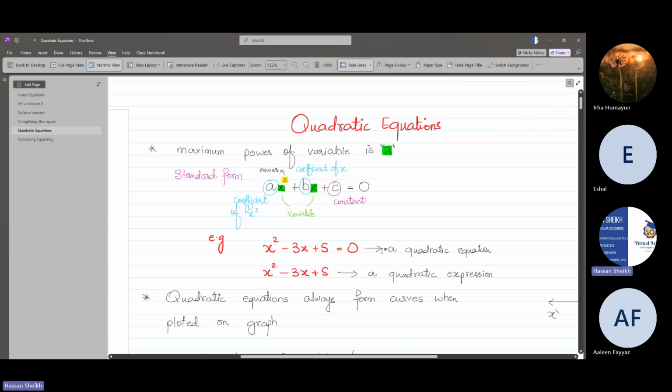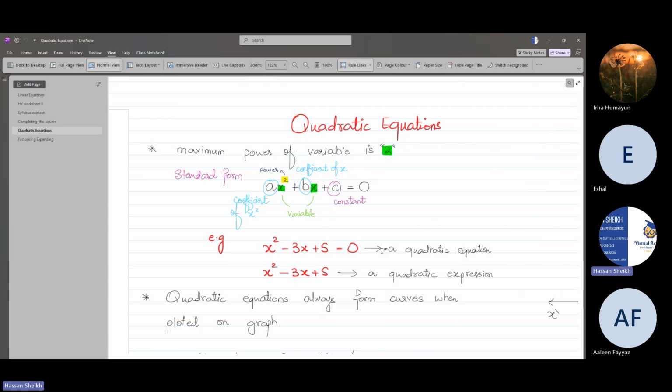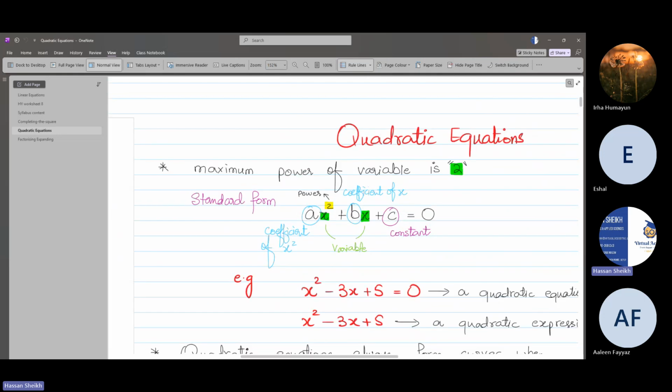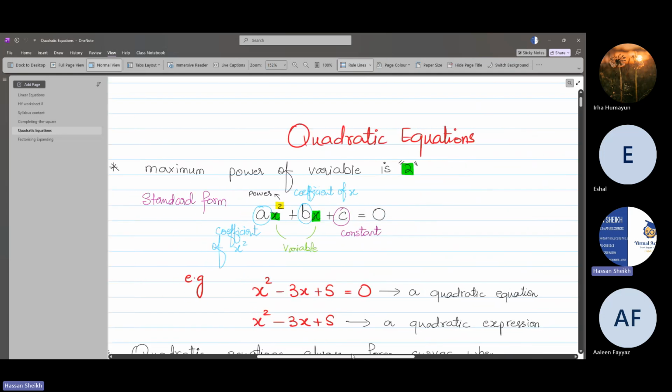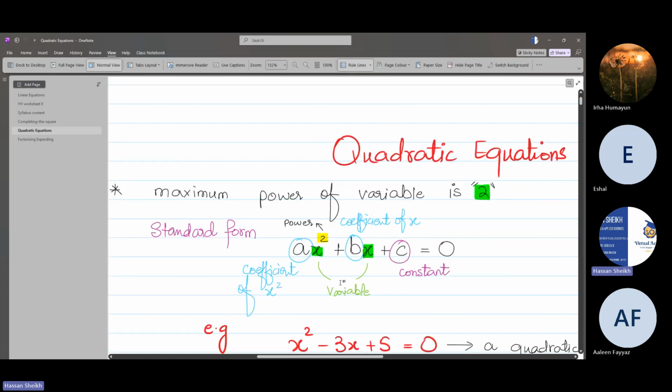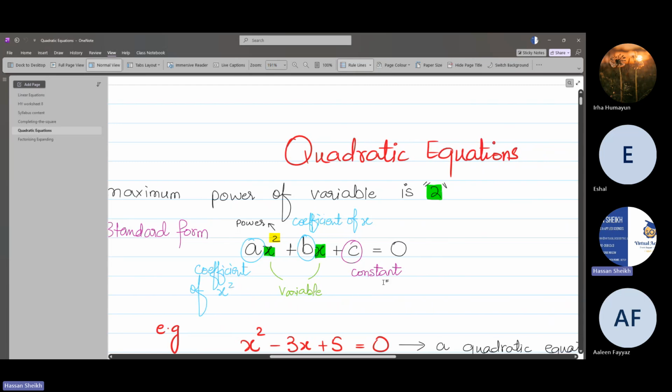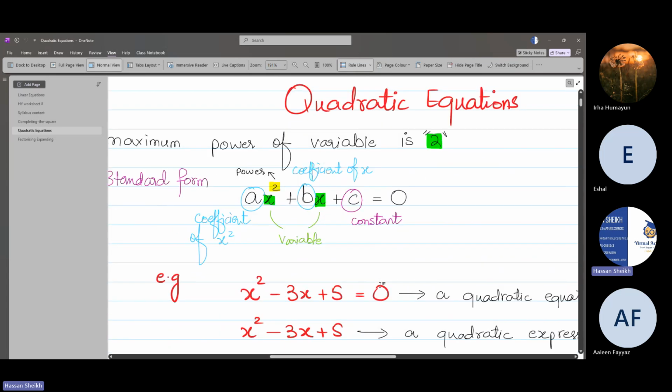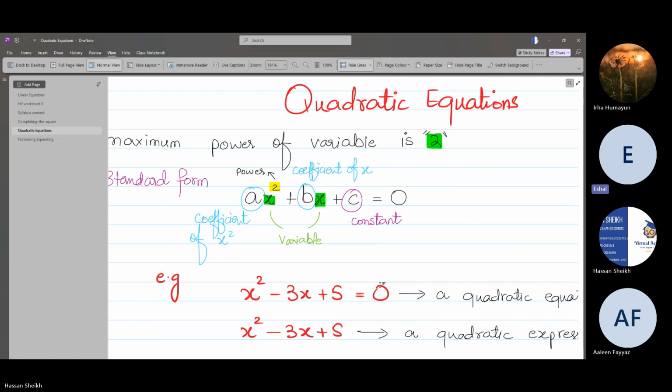So quadratic equations. When the maximum power of the variable is 2, we call it a quadratic equation. And the standard form of a quadratic equation is ax squared plus bx plus c. This is called the standard form. Now, in standard form, what is a, Isha? Just focus on the equation ax squared plus bx plus c.